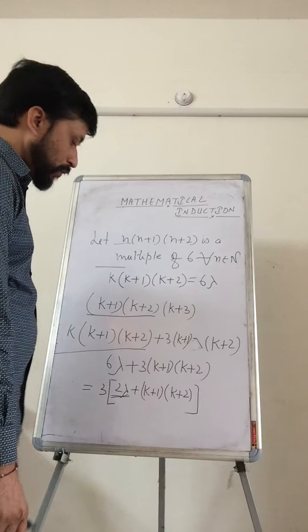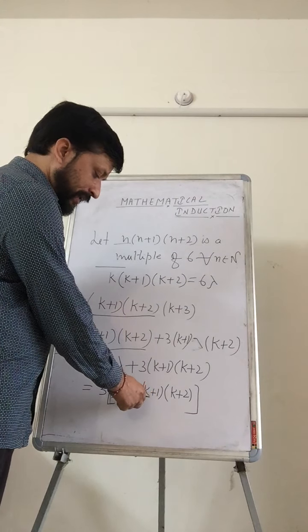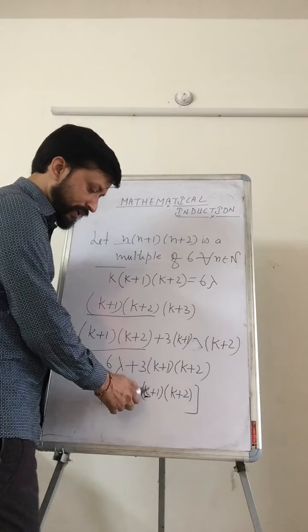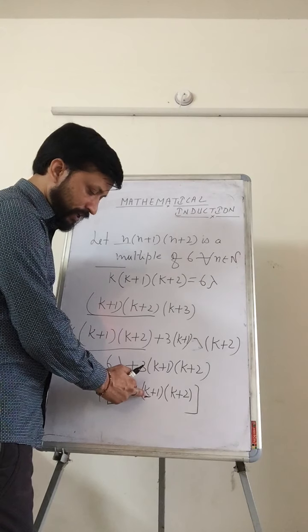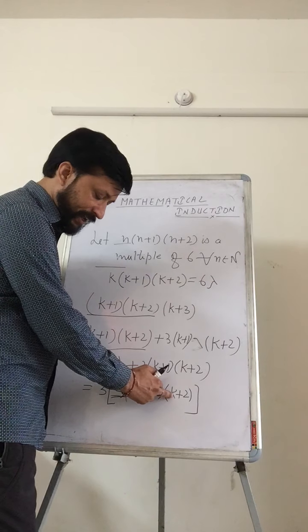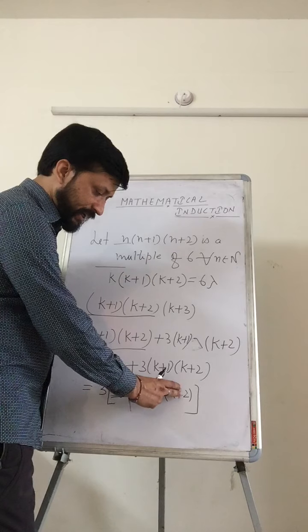Okay. Now next, if you put here any natural number, suppose you are putting 1, you will get 2. If you put here 2, you will get 3. And if you are putting here 1, you are getting 2, and here you are getting 4. So thus what we are getting here is an even number.